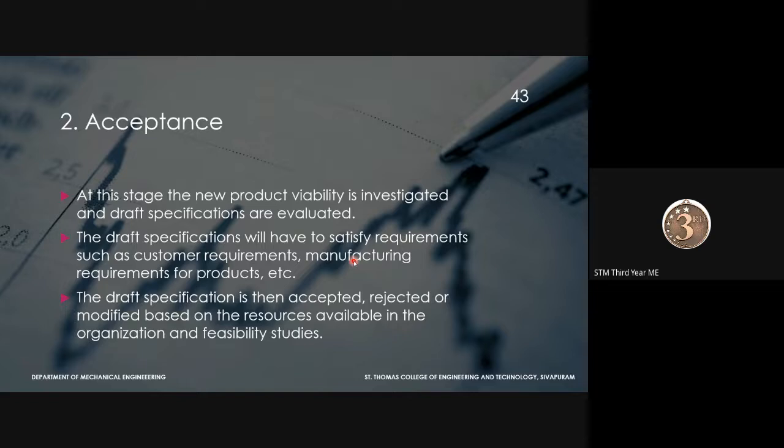So what are the manufacturing requirements? Manufacturing requirements in the sense you must have the device, etc., for providing it. Then the raw materials must be available at a lower cost, or it must be available nearby.